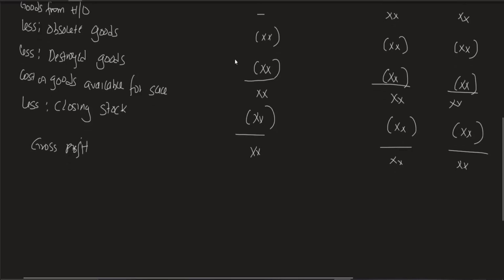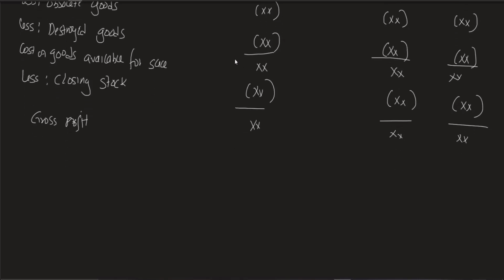Now from that point on, we can go ahead and less expenses. From expenses we can have unrealized profit.